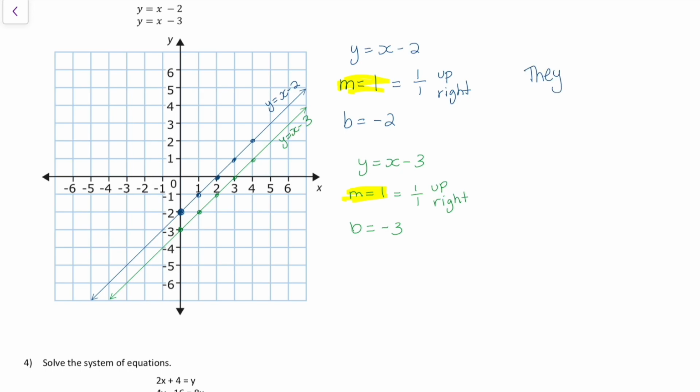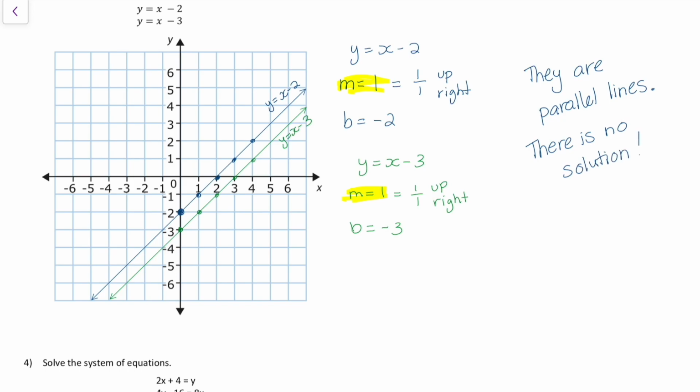They are parallel lines. So if they never cross, what's our solution? Is there an x and y that will work in both equations if they never cross? No. So we say here that there is no solution.